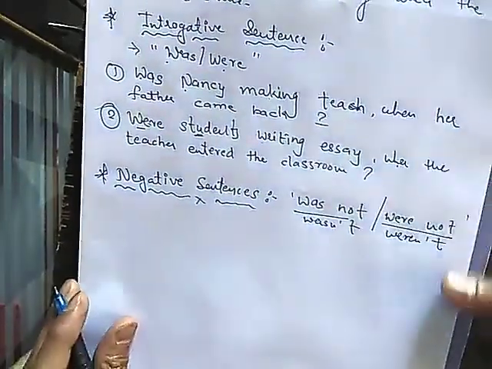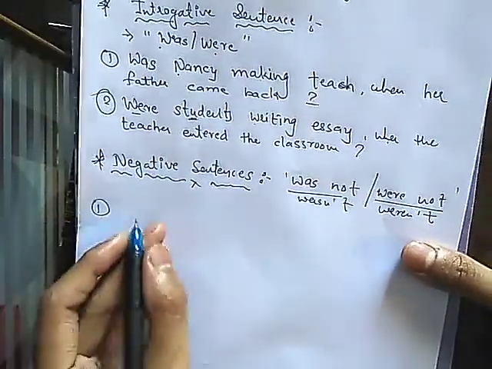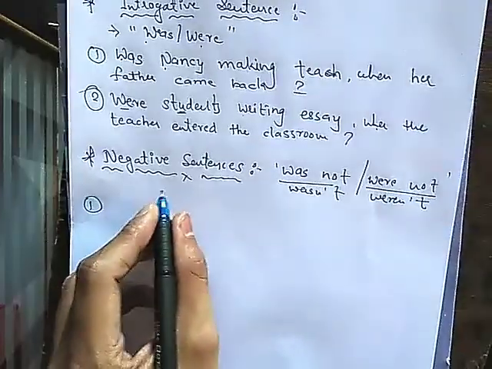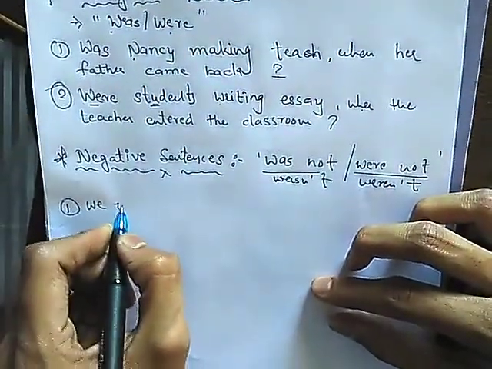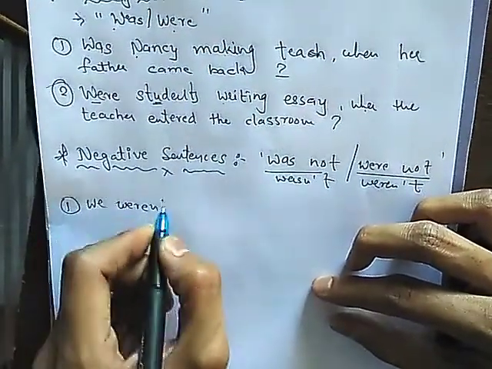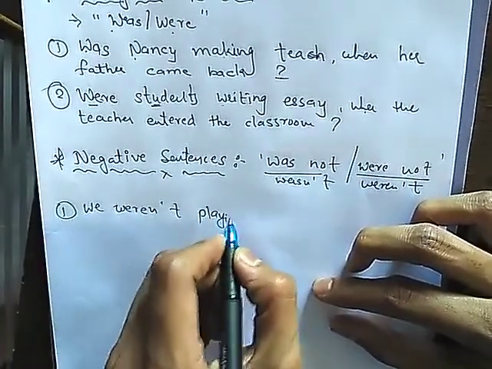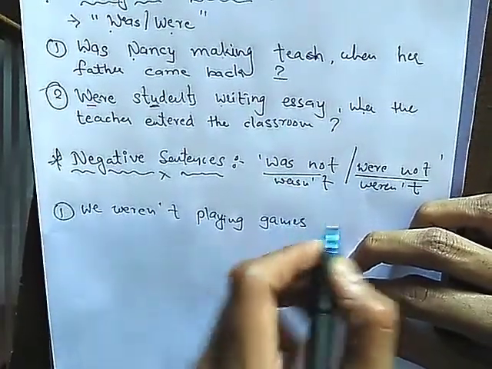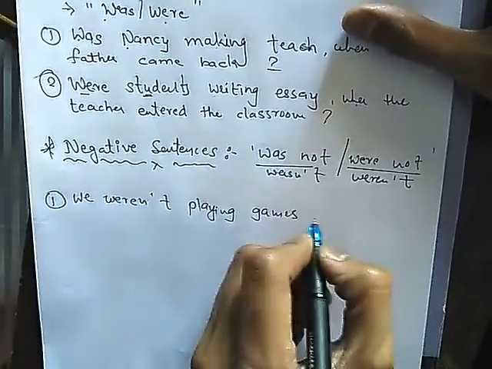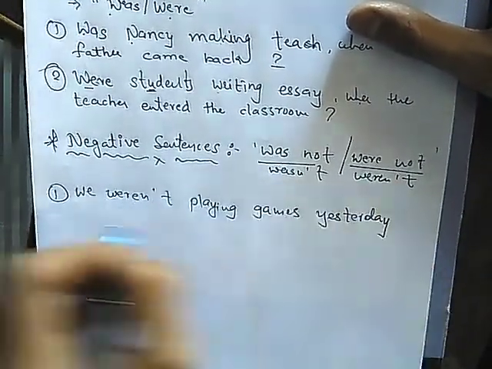You can make negative sentences. Let us take one example. We weren't, or we were not, playing games yesterday in the night.